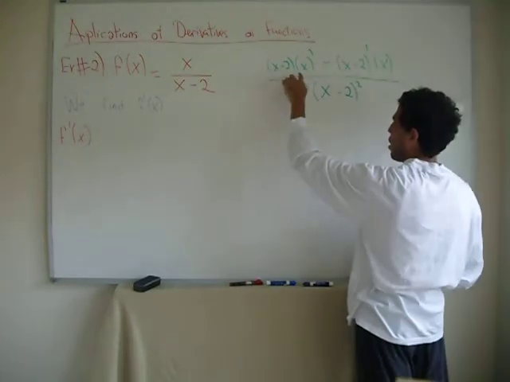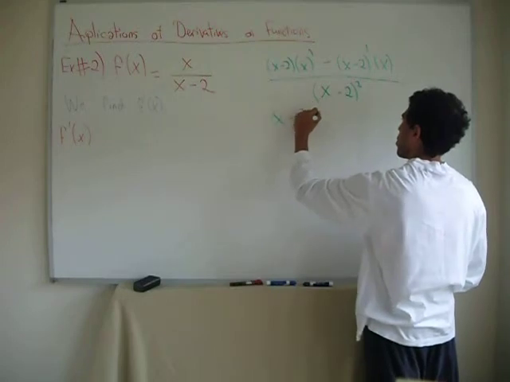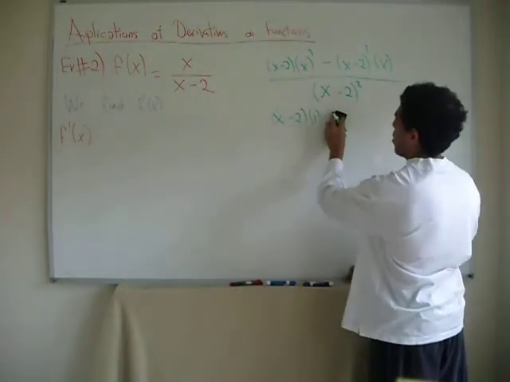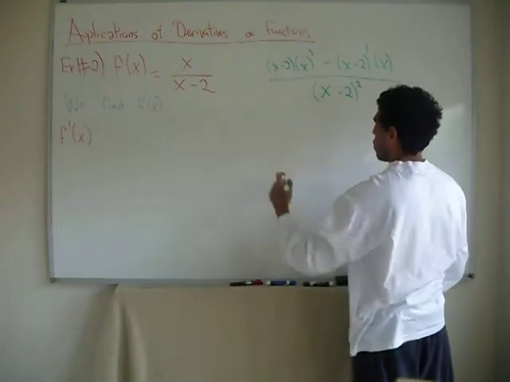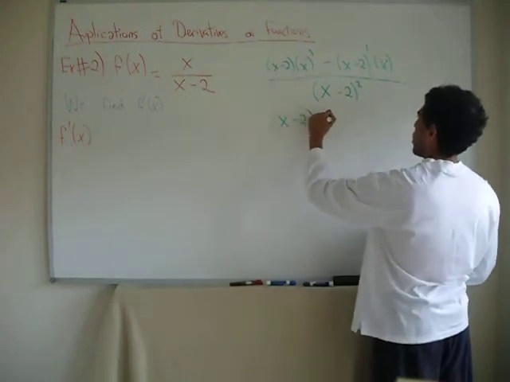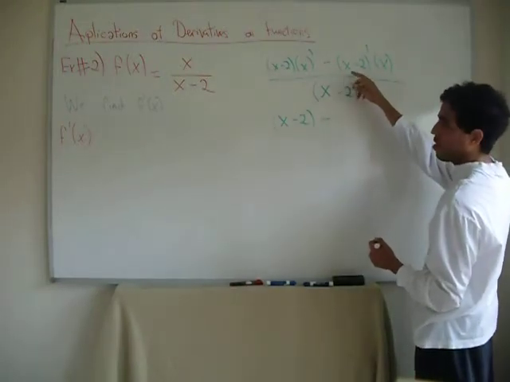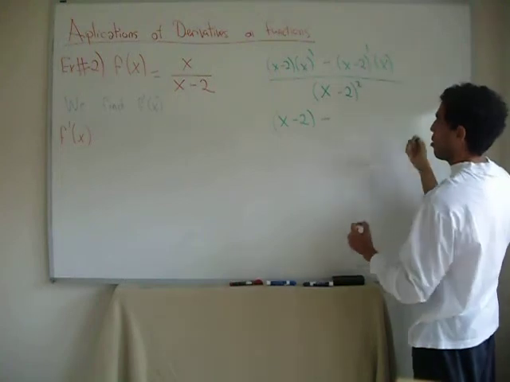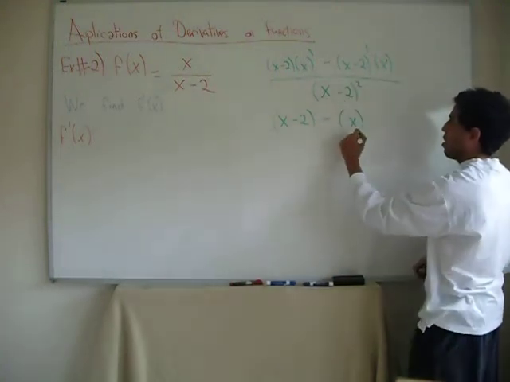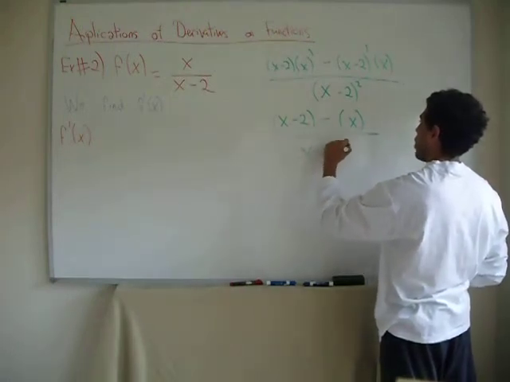This is x minus 2 times 1, which is x minus 2, because the derivative of x is 1, minus the derivative of x minus 2, which is 1, since the derivative of x is 1 and the derivative of minus 2 is 0, times x, over x minus 2 squared.